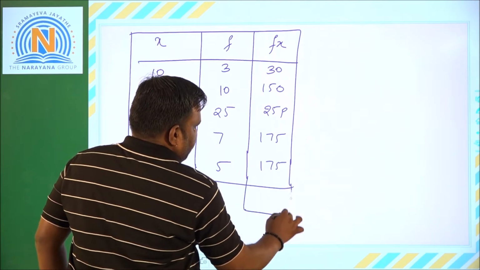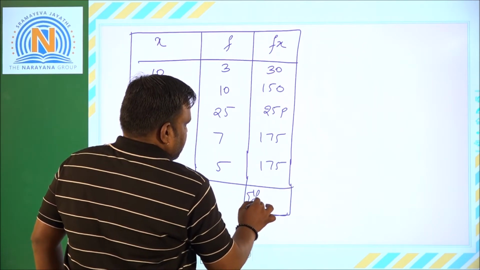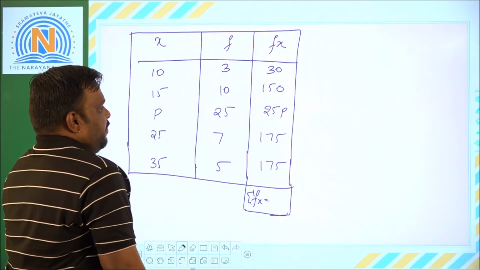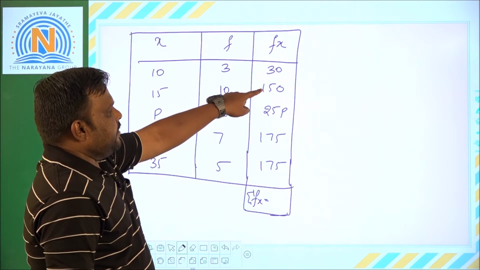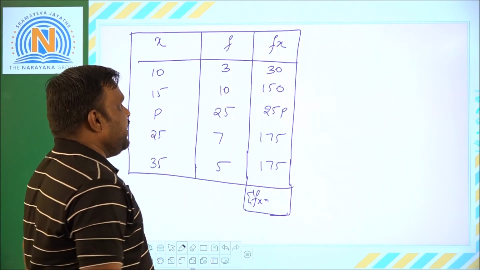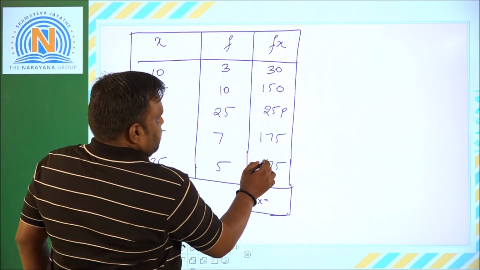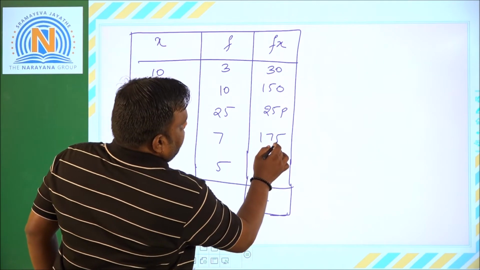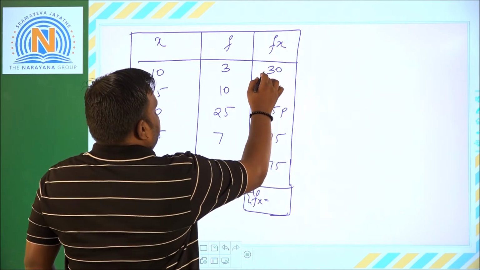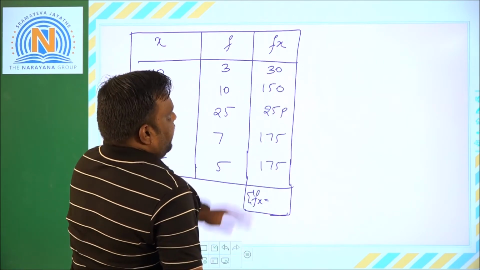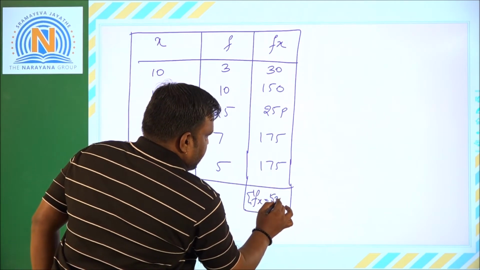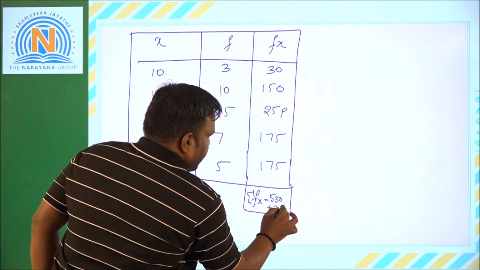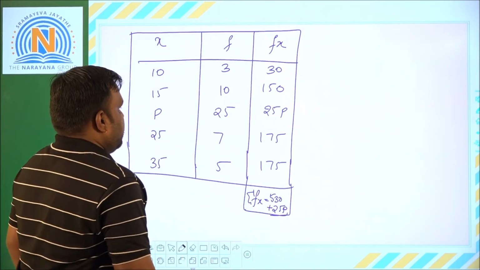So when you look at sigma fx, it is the complete part: 350 plus 150, we have 500, plus 30, that is 530, plus 25p is the value left here.